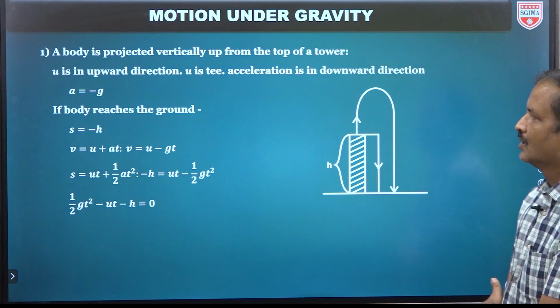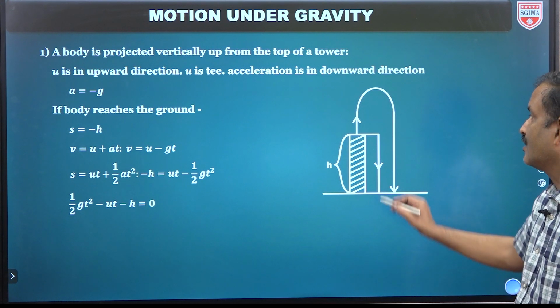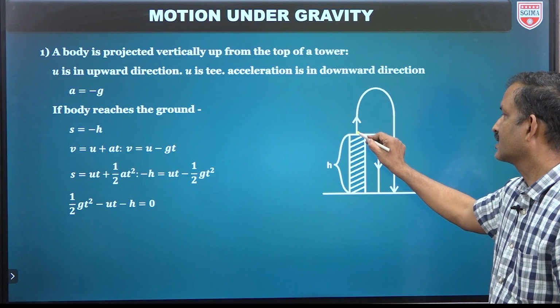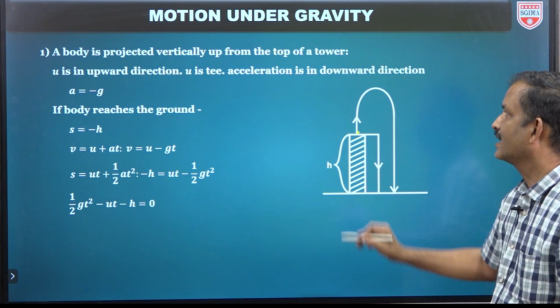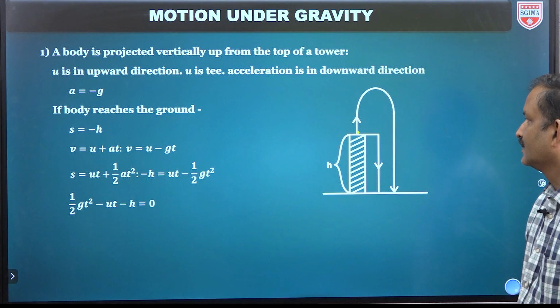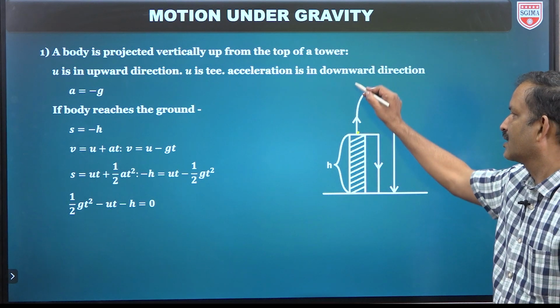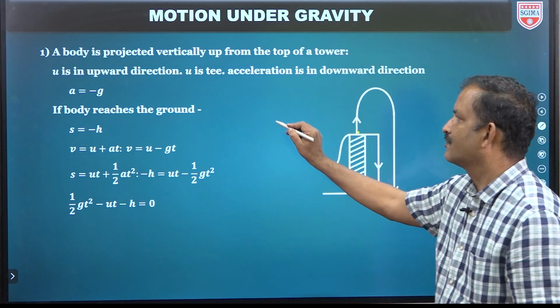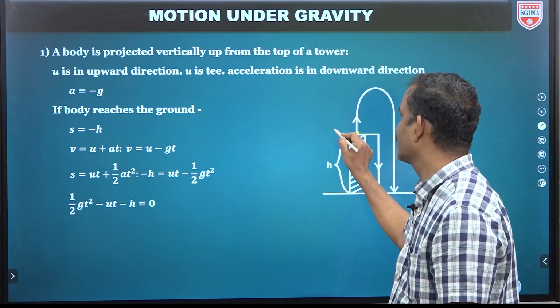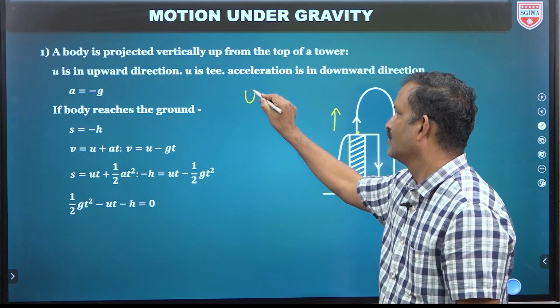Now, a body is projected vertically up from the top of the tower. Here it is projected from the top of the tower of height h. Then, it is projected vertically up. Here velocity is positive. We already applied the sign convention. u is positive.